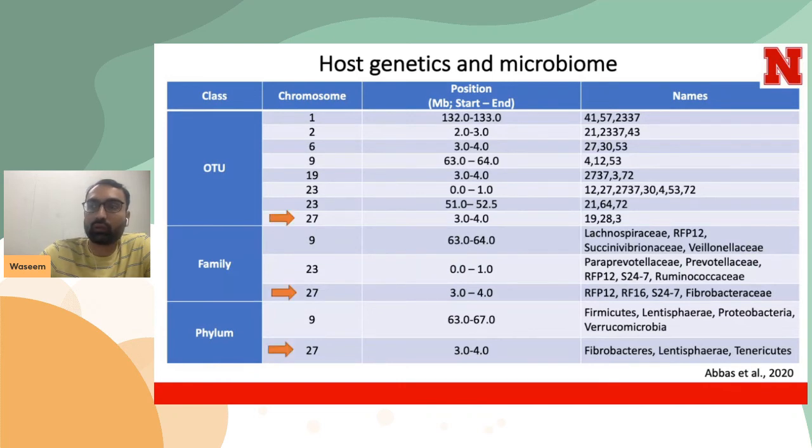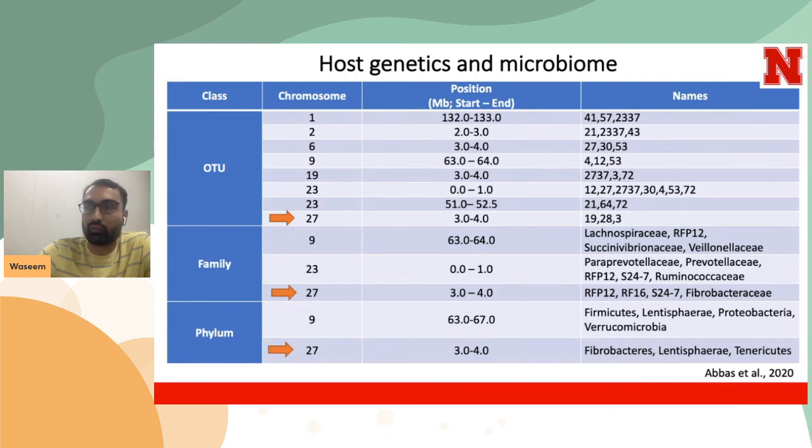For example, we saw the same chromosome and the same region having an association or effect at the family, OTU, and phyla level. We looked at whether the members of these OTUs were members of either these phyla or these families. Two of these OTUs were members of either the RF16 family or the phyla Fibrobacteraceae, but this OTU 19 was from Bacteroides.